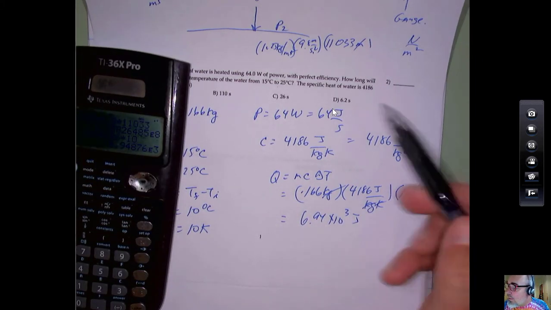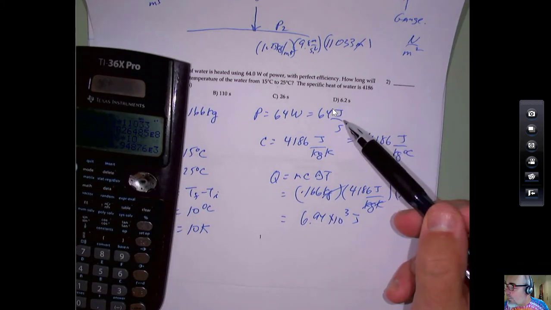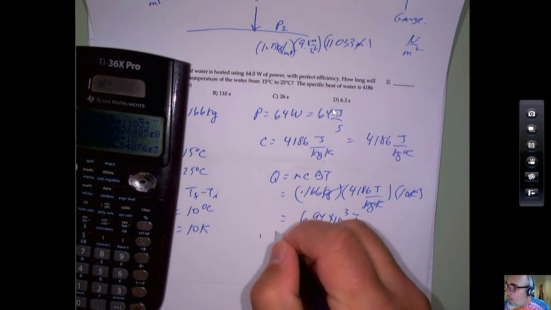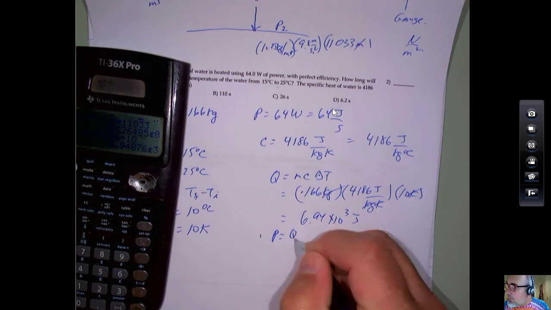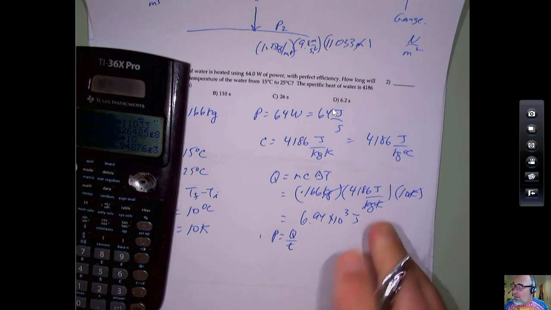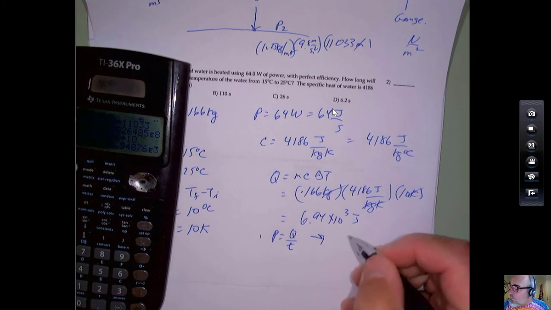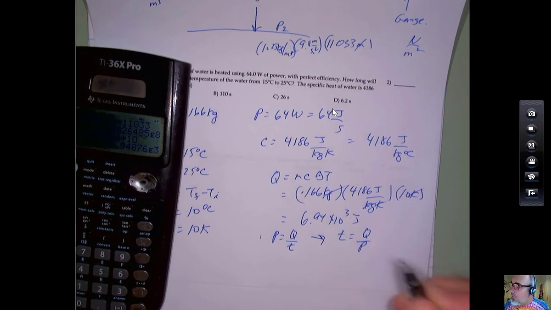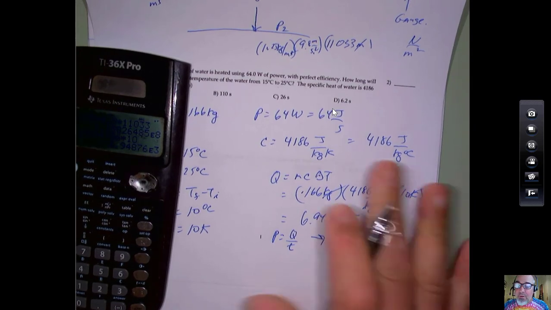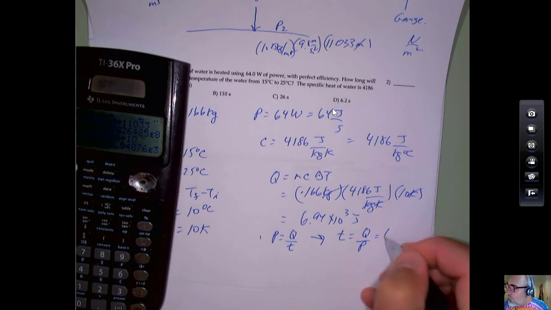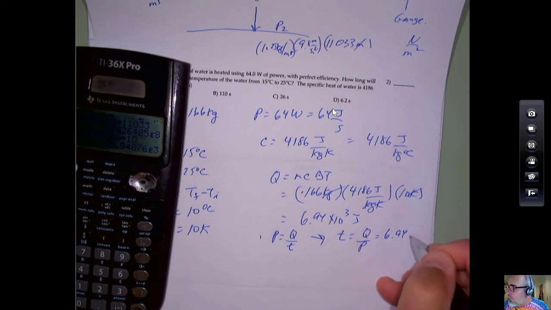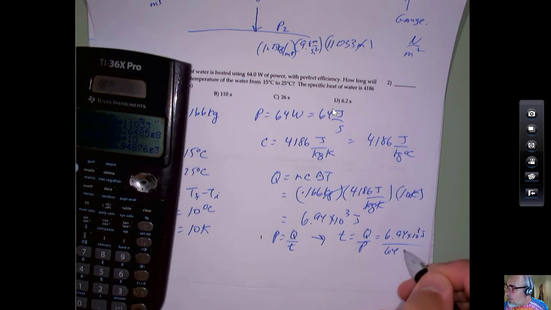We can supply 64 joules per second, so we can figure out the amount of time. So remember, the power is the heat divided by the time. So I'll do a little bit of algebra. The amount of time then is the heat divided by the power. Okay, good. 6.94 times 10 to the third joules, and we supply 64 joules per second.